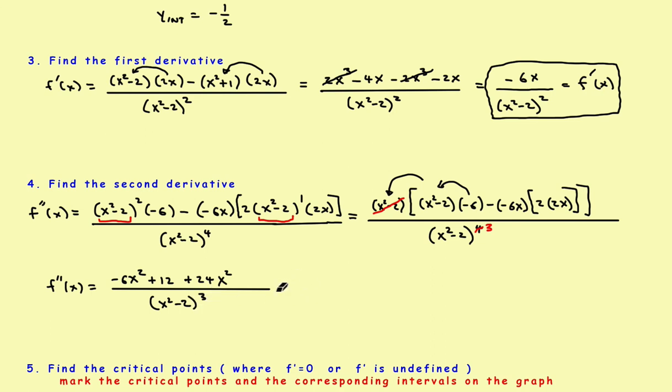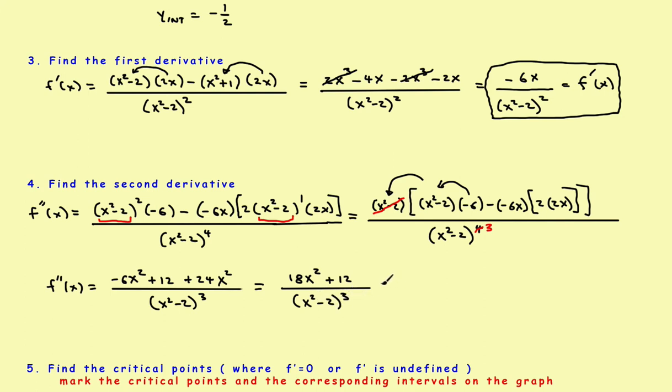Now again, we'll simplify this if we can, so we'll shorten that up a little bit. We can put all this together. So this is going to be, I've got 24x squared minus 6x squared would be 18x squared plus 12, all divided by x squared minus 2 cubed.